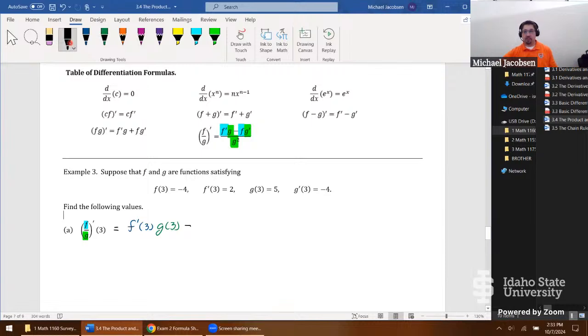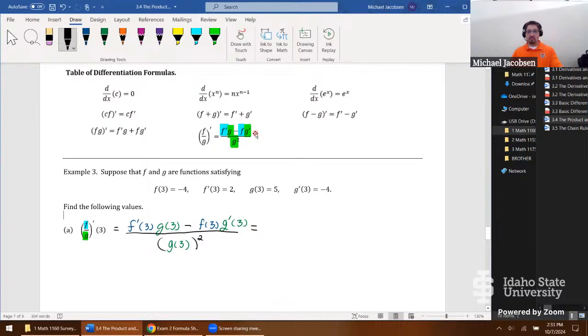We put a minus in the numerator if it's a quotient rule, and then go f at 3 multiplied by g prime at 3. And then the total result is divided by g at 3 quantity squared. So that's the first step of a pretty strange problem like this.